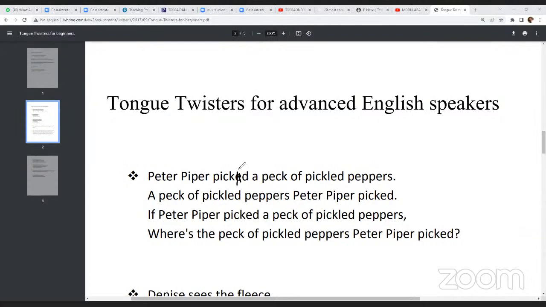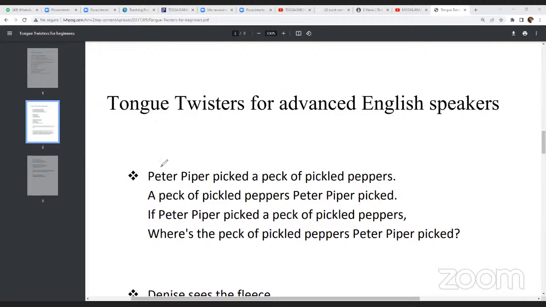If Peter Piper picked a peck of pickled peppers, where's the peck of pickled peppers Peter Piper picked? All right, thank you.